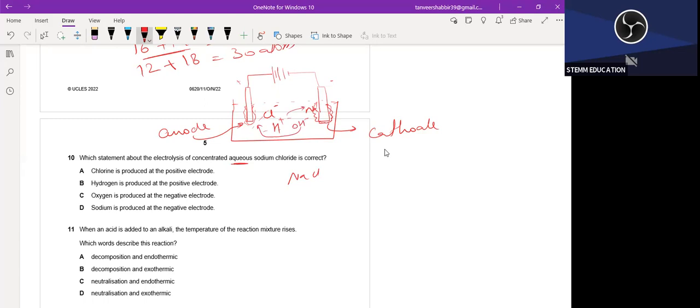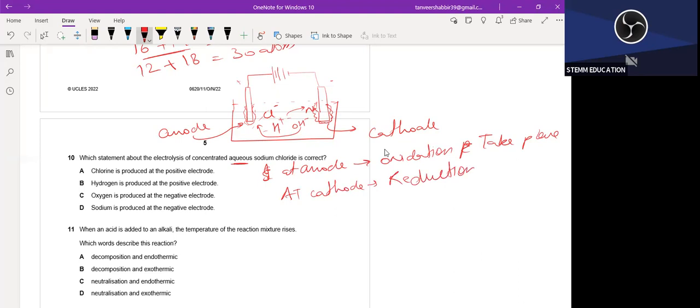Now what we can see is that at the anode, oxidation takes place. At the cathode, reduction takes place.